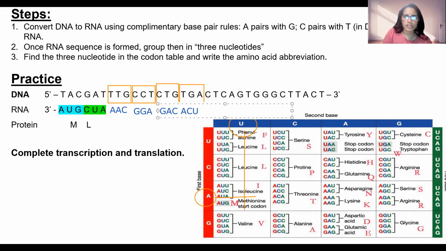So the next one after this is CTC, which will be, now let's go a little bit faster, GAG. Then AGT will be UCA. Then CCC, which will be GGG, and then we have only two more remaining.